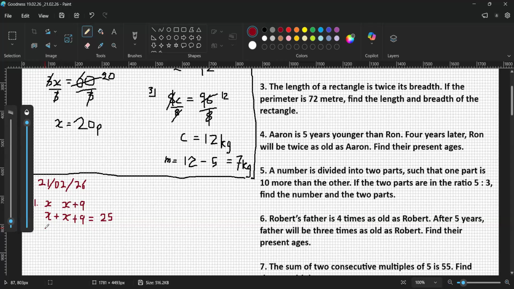Okay, so it's plus x plus x. So x plus x will give us what? 2x. Right? Yeah, that technically is us collecting like terms. So what next do we do from here? We now have 2x plus 9 equals 25.